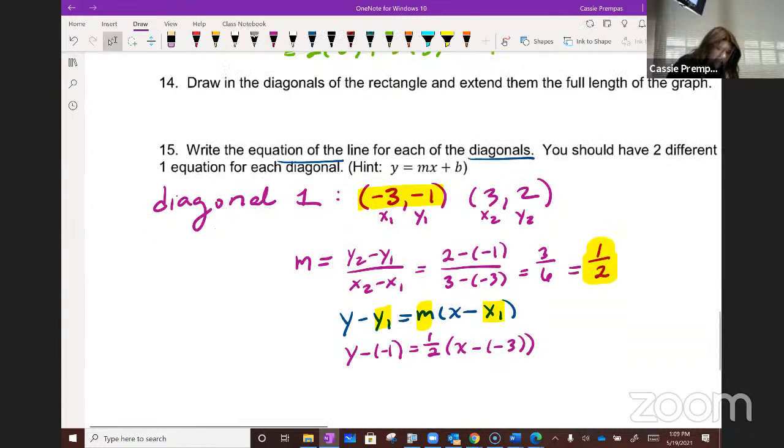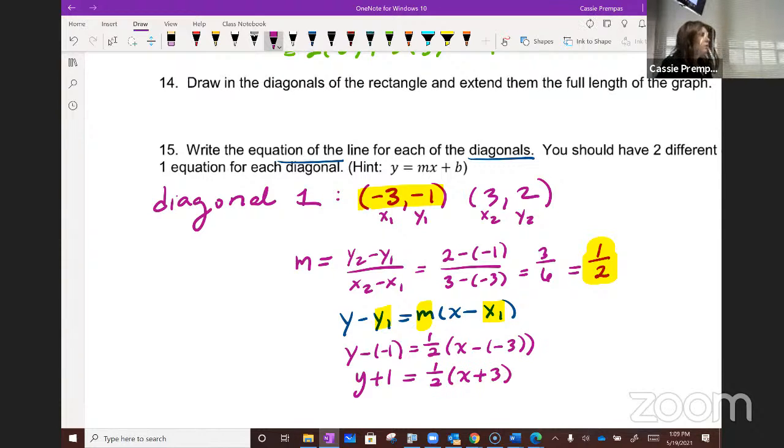I could simplify that, and that would be y plus 1 equals 1/2 times x plus 3. If I asked you to put it in slope-intercept form, what would you do? Yep, distribute the 1/2 and then subtract the 1. Just get it in the form y equals mx plus b. I didn't though, I just said write the equation, and this is a valid equation. So you could just box that.